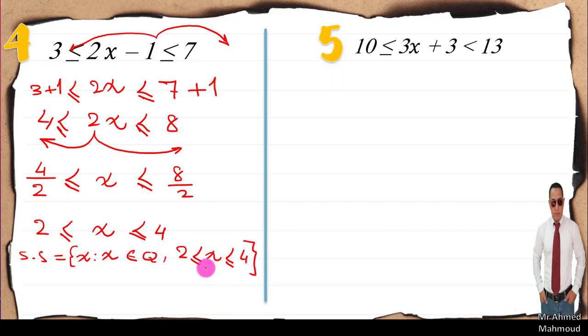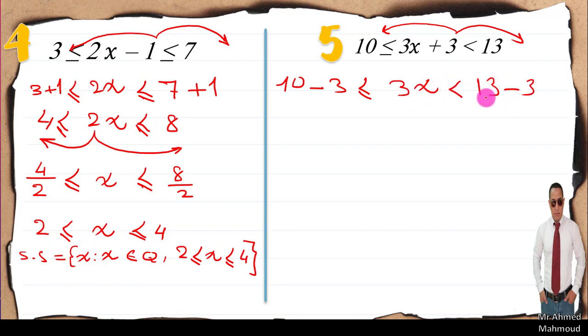Number 5. Also I have a 3 sides inequality. I'm going to send 3 here and also 3 here. So it will be 10 minus 3 less than or equal to 3x less than 13 minus 3. 10 minus 3 equals 7, less than or equal to 3x less than 13 minus 3 equals 10.